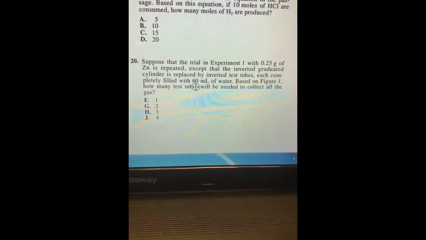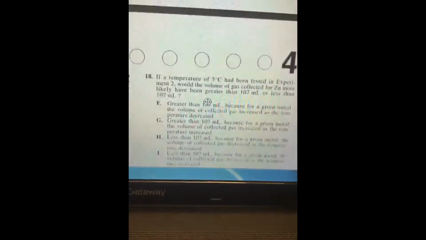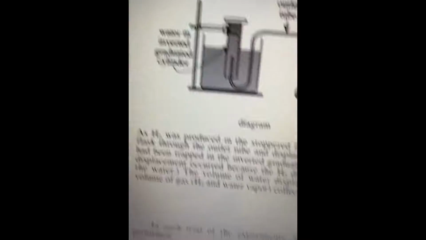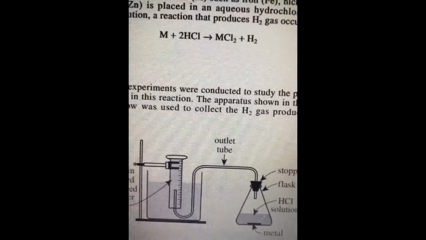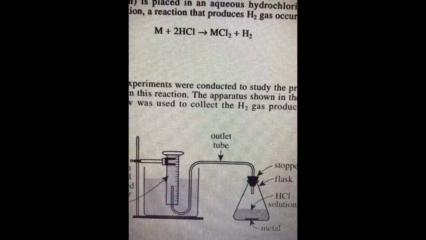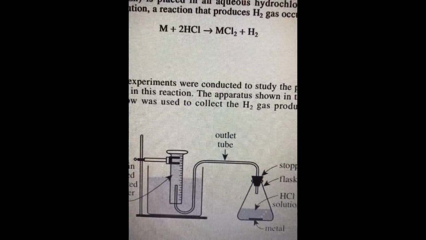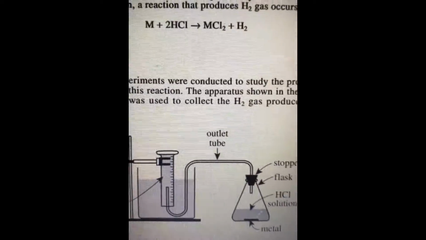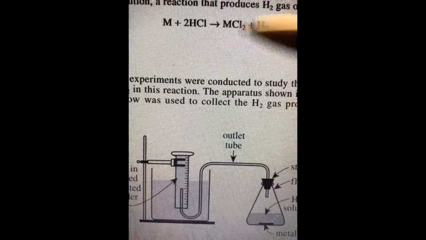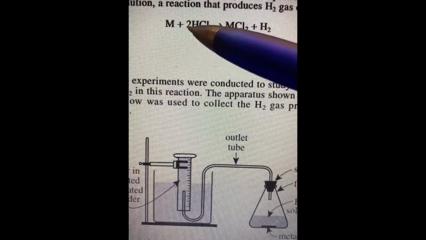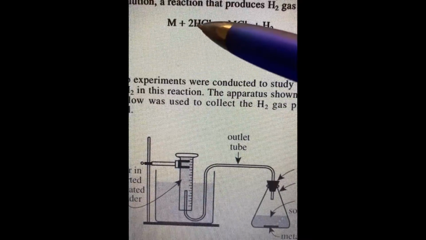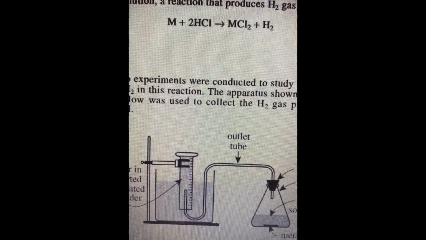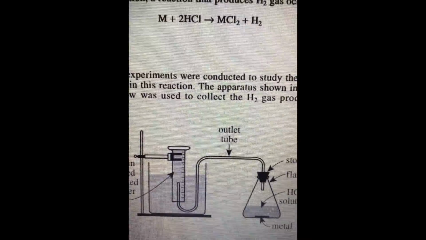Question 19 is asking about moles. So what in the world are moles? They're asking you to look at the equation, and the equation is given to you right here in the passage. Like everything else that you need to answer the questions, it will always be either in the passage or in the graphs. So moles are just a little number in front of the compound or the element or whatever it is.